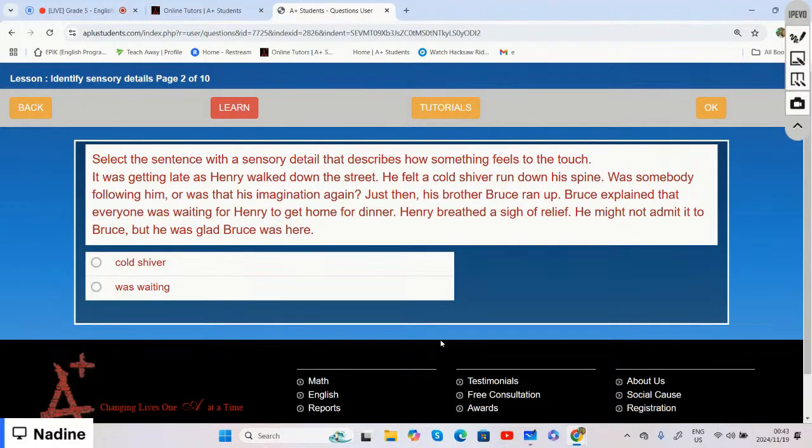If we look at the text that we just read, what is the sensory detail that describes how something feels? Is it option one, cold shiver, or option two, was waiting?